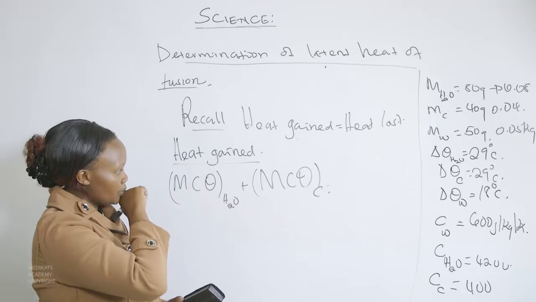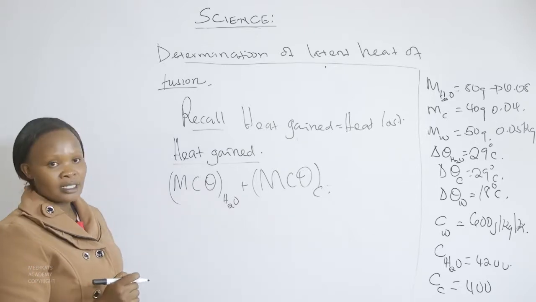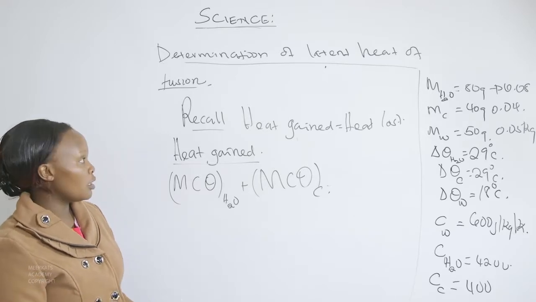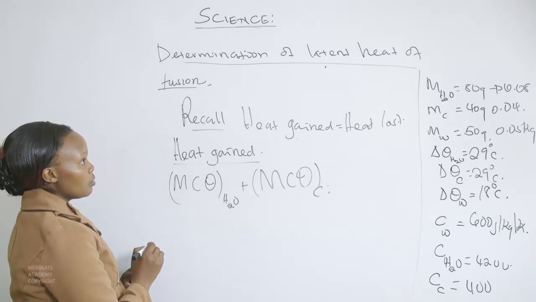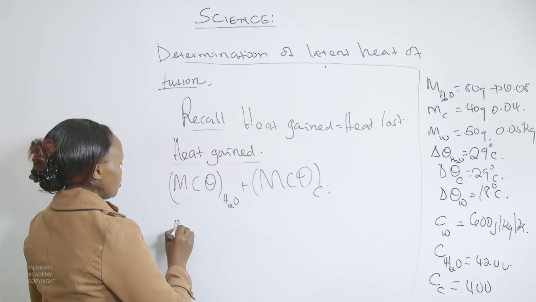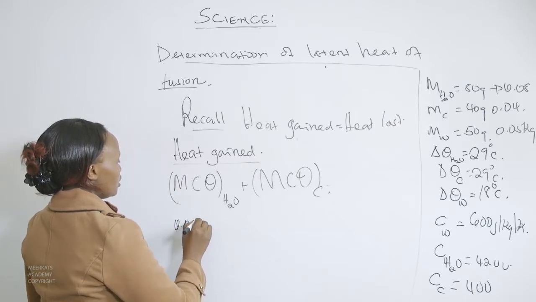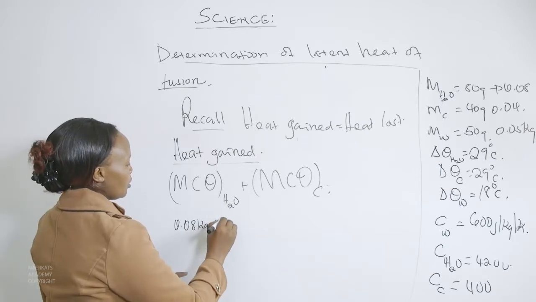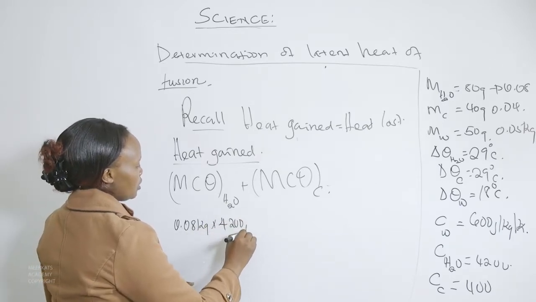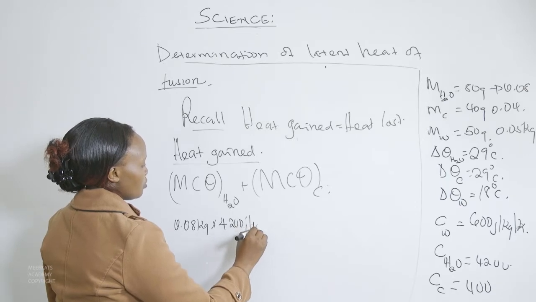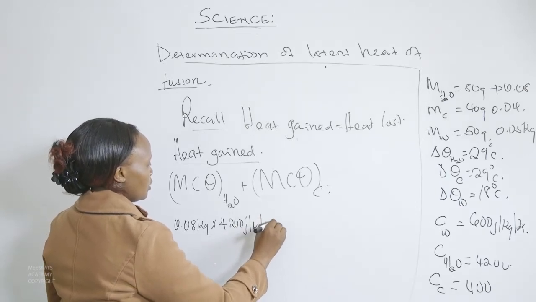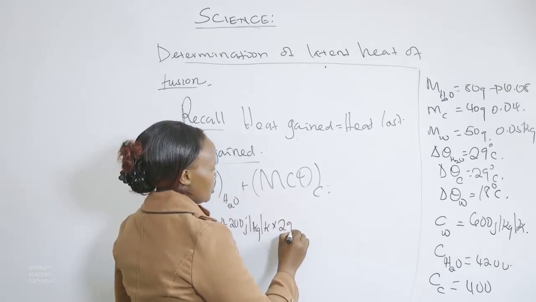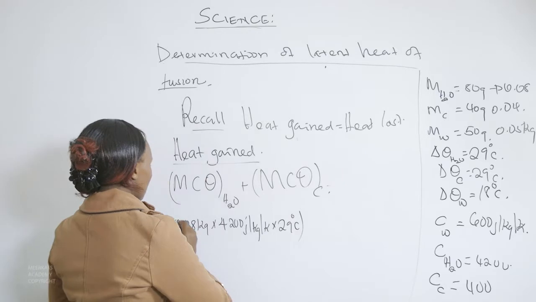Now, let us substitute what we have in the equation, so that now the mass of water becomes 0.08 kilograms. Its specific heat capacity is 4200 joules per kilogram per Kelvin, and the change of temperature is 29 degrees centigrade.